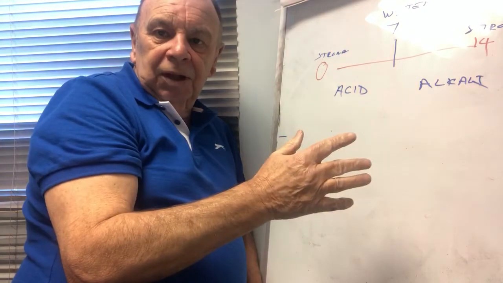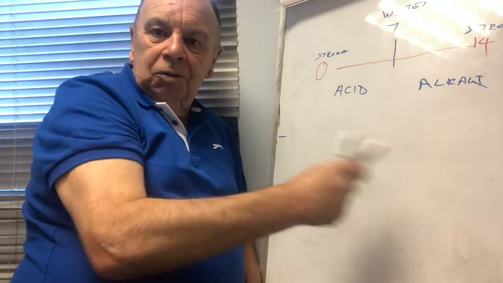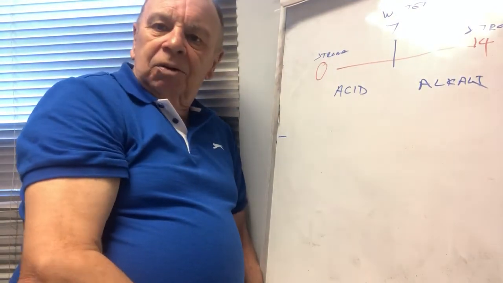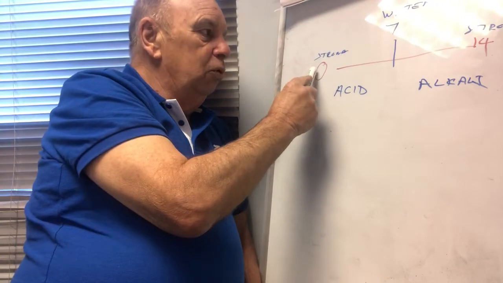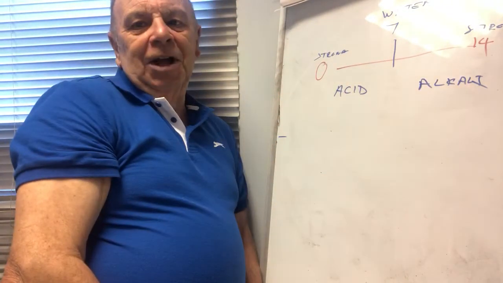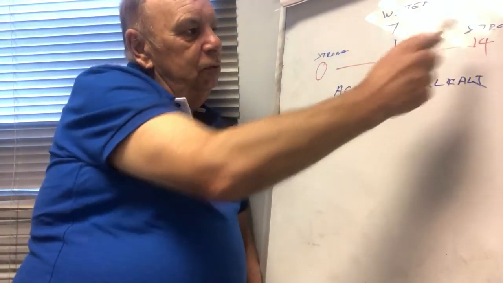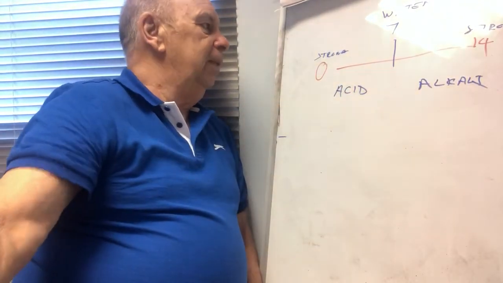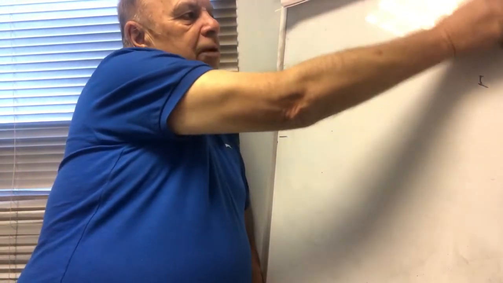I'll get back to that soon. I mentioned strong and weak, and on the pH scale, acids go from 0 to 6.99999, and alkalis go from 7.00000 to 14. So the pH scale measures the strength of an acid or an alkali.